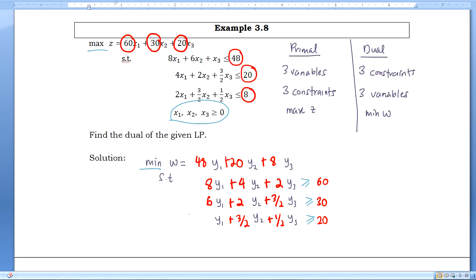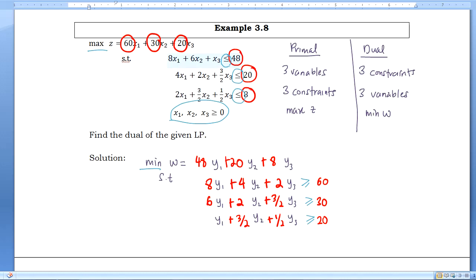Then, we need to find the sign for every variable in the dual. The sign of the variable in the dual depends on the sign of the constraint in the primal. As we can see in the primal LP, all constraints have less than or equal to sign.